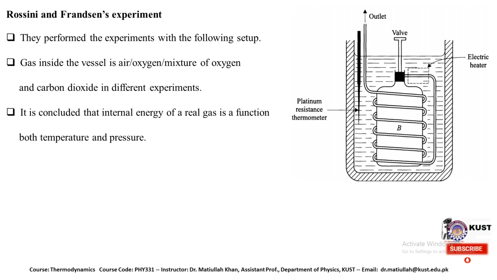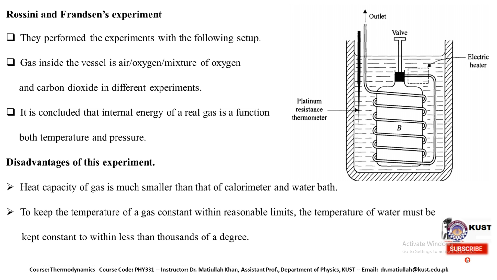So it was concluded that the internal energy of a real gas is a function of both temperature and pressure. From this experiment they concluded that the internal energy depends upon both pressure and temperature of the system.